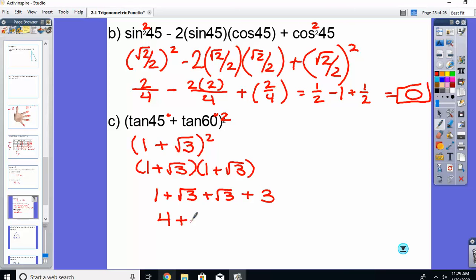Adding like terms, it's 4 plus 2 radical 3. Any questions on that?